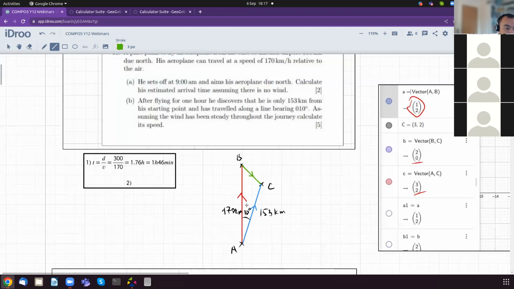And that makes perfect sense because the velocity of the plane relative to the ground is equal to the velocity of the plane relative to the air plus the velocity of air. And these are vectors. And you can see the triangle rule at action here.